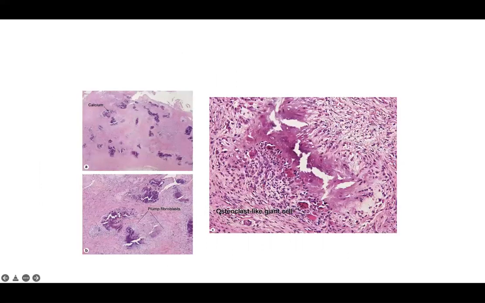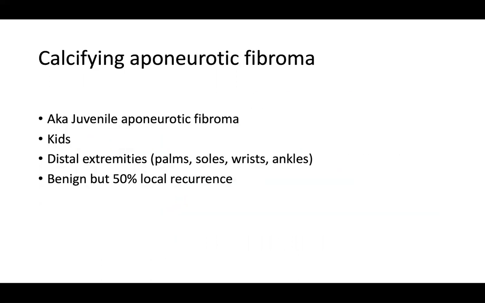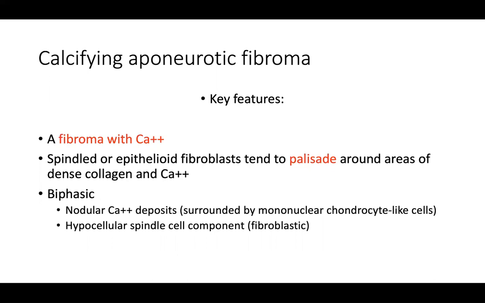So you can see from this magnification here on the left side, lower magnification, some areas of very well circumscribed calcium collections surrounded by plump fibroblasts, and you can find some osteoclast-like giant cells surrounding those areas. So that's your calcifying aponeurotic fibroma.